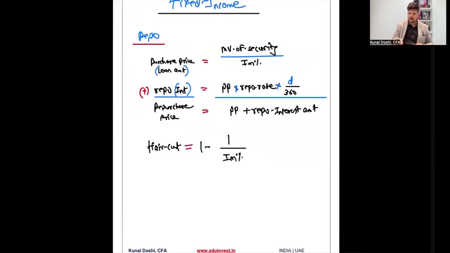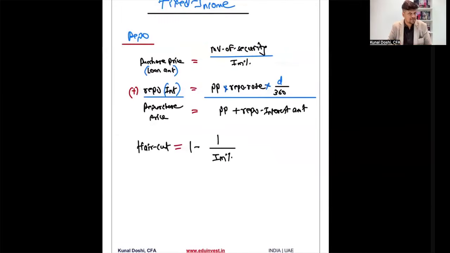That's the easiest way to calculate the haircut. So actually there are three formulas: purchase, repo, the combination of both called repurchase, and the fourth one is haircut. Be ready for something similar to haircut. They may directly ask you for the haircut. So all you need is the initial margin. Inverse it, minus 1.